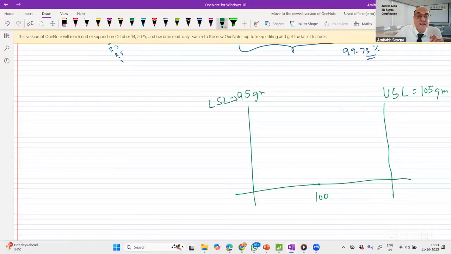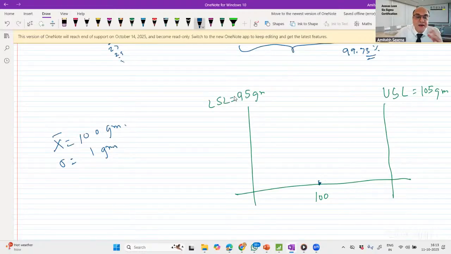Now let us look at different types of processes. There's a blue process. Let's say one company's chocolates average 100 grams, and the standard deviation is 1 gram.